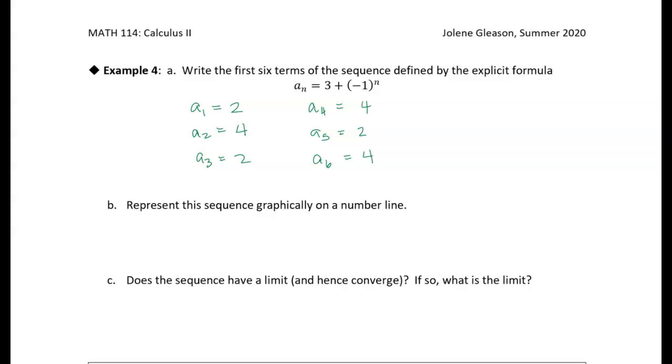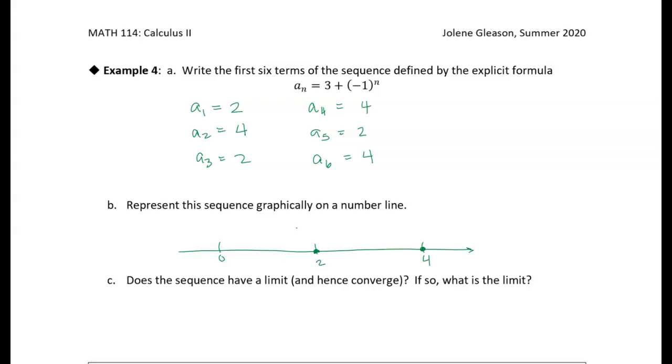All right, so if we want to represent that graphically, I'm just going to draw my little number line here. Now in this case, let's say this is 0, and let's say this is 2, and let's say this is 4, because that's where the range of our values is. And so essentially we're starting out at 2, so that's a1, and then a2 is 4.